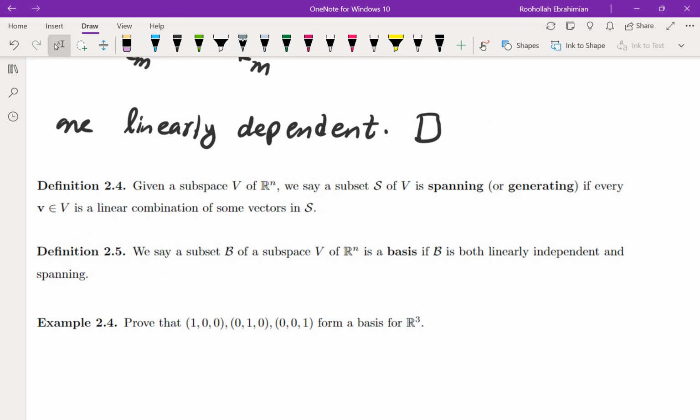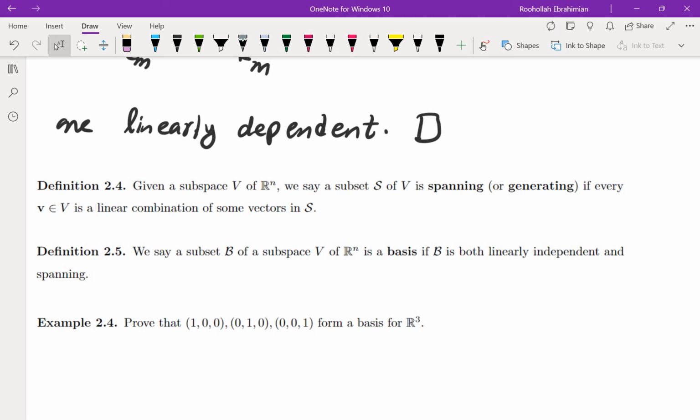Now there's a couple of related definitions to this which I'm going to talk about. So the first definition is, given a subspace V of Rn, we say a subset S of V is spanning if every vector in V is a linear combination of some vectors in S. So oftentimes we need sets that generate or span everything in the subspace, which means every vector in that subspace can be written as a linear combination of those vectors in the set.